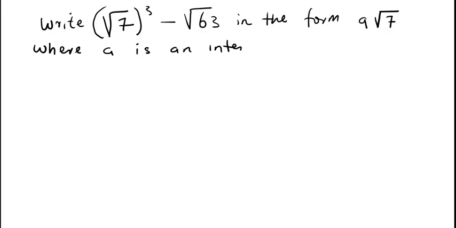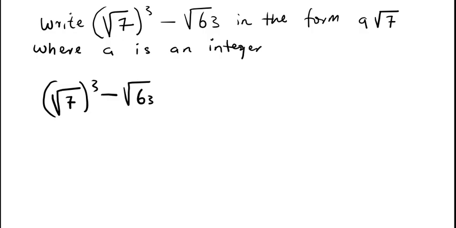Now, let's go ahead and solve that. So we have root 7 cubed minus root 63. This is equal to root 7 multiplied by root 7 multiplied by root 7.